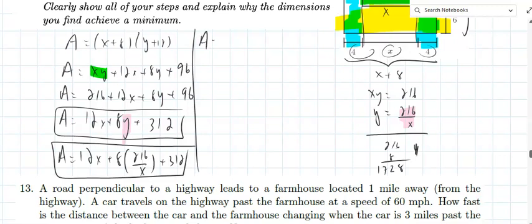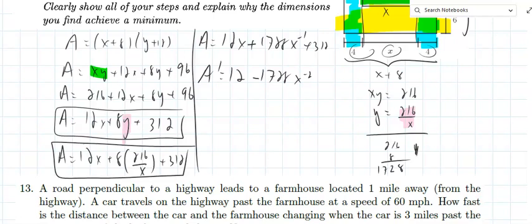Okay, so I got it. I'm getting A to be 12x plus 1728x to the negative 1 plus 312. When I take a derivative, that's 12 minus 1728x to the negative 2.